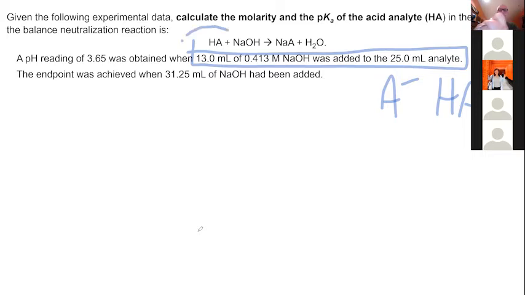So look at our equation. HA gets consumed and converted into A minus. So the more base we add, the more hydroxide we add, the more acid turns into the conjugate base. So how are we going to calculate the amounts of acid and conjugate base at that point? Where should we start?